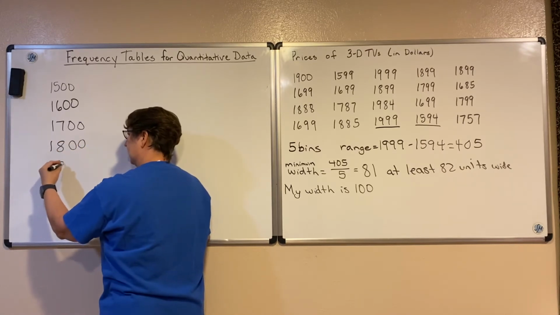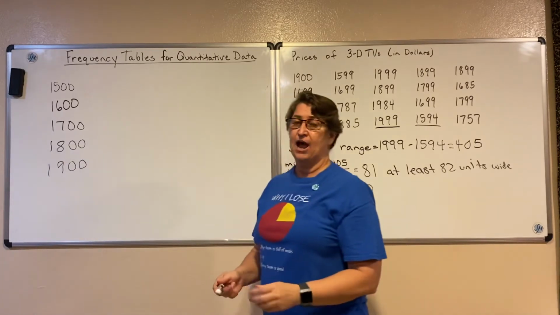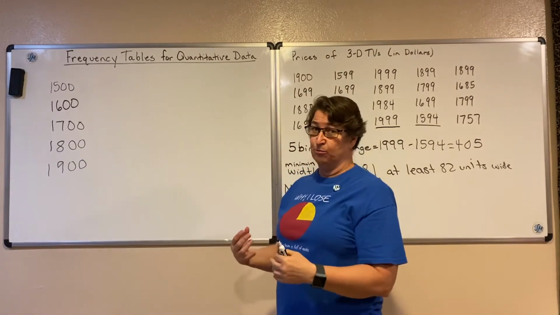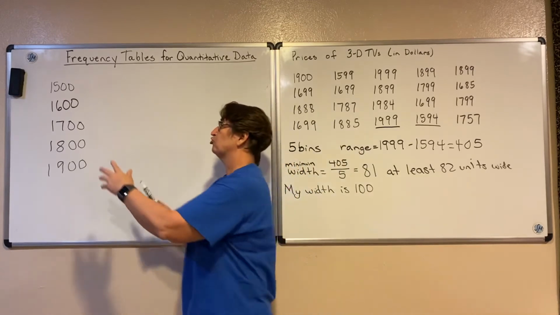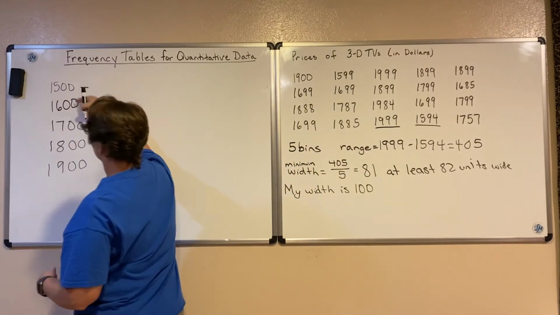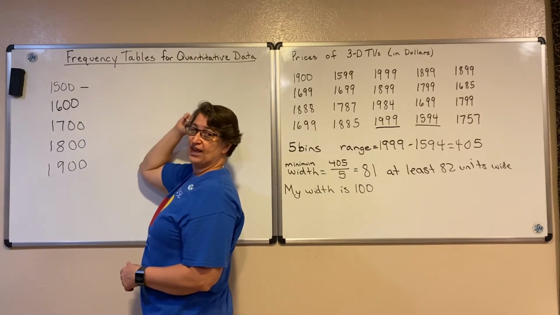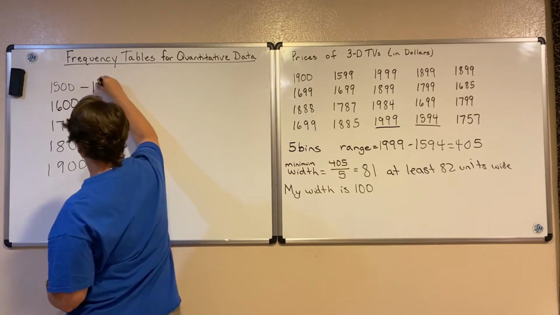And the next class is going to start at 1900. Now, those classes have ending points too. So if I'm starting at 1500, then I'm ending right below 1600. In this case, down 1 would be 1599.